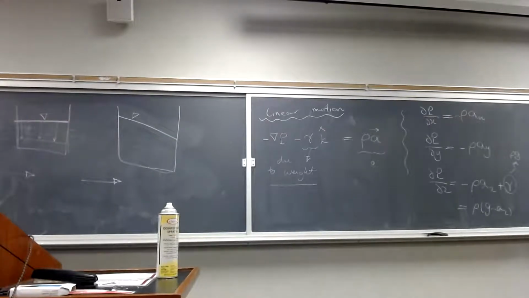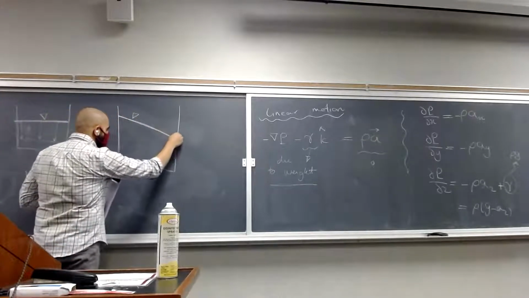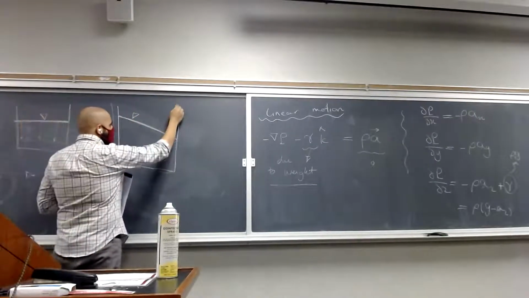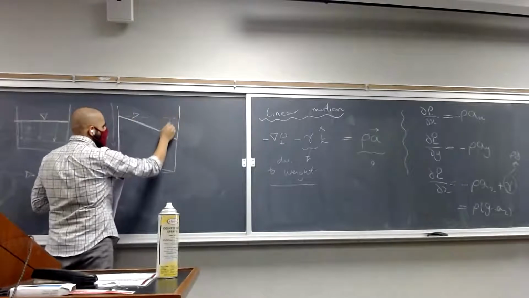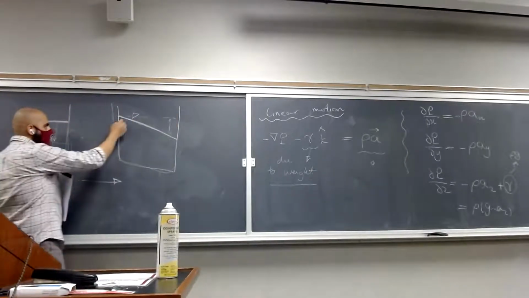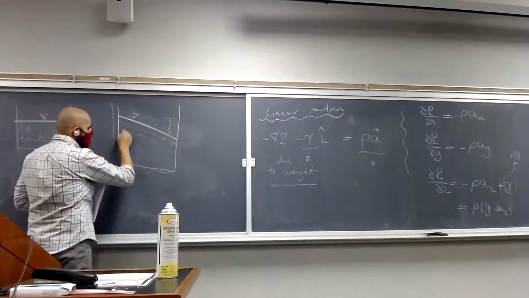But when you add motion to this, what's going to happen is that free surface pressure is going to remain constant, but the real depth here is going to be different, right? Because this free surface has moved a little bit. So the constant pressure lines or isobaric lines are going to tilt as well.